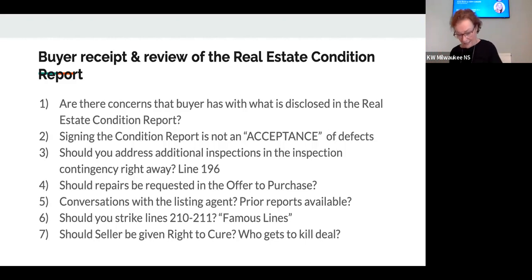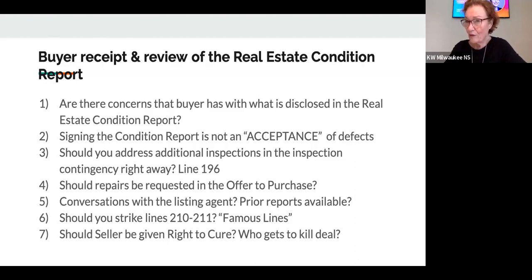If they see it after writing the offer, that gives them that rescission time, depending on when and how they receive it. But the important thing is, are there concerns that the buyer has with what is disclosed in the real estate condition report?